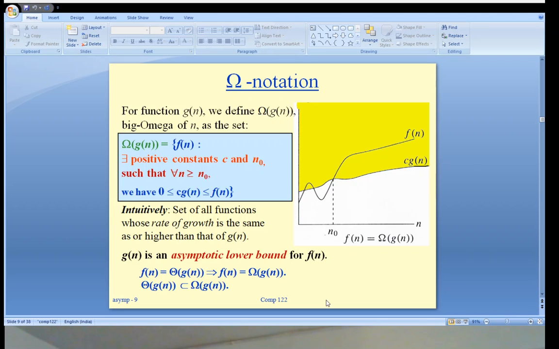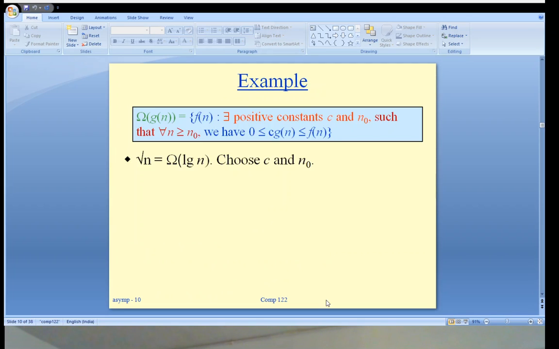So the big omega notation bounds the function from the lower side, the big O notation bounds the function from the upper side, and theta bounds the function from both sides. For example, log n is the lower bound of under root n, because we can see that under root n is lower bounded by the function log n.